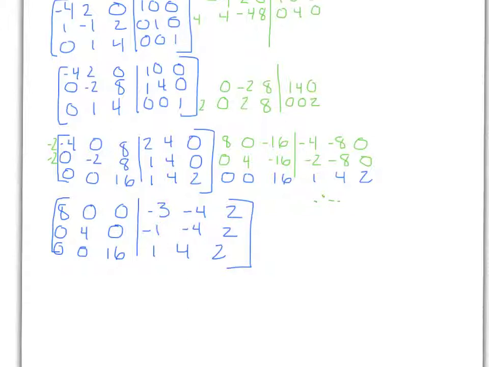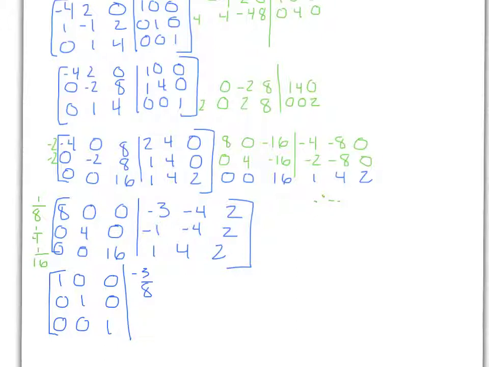Okay, then lastly, I just need to get the numbers that are on the diagonal to be 1, so I'll multiply the first row by 1/8, the second row by 1/4, and the third row by 1/16. So that's going to give me what I was looking for on the left-hand side. And on the right-hand side, I have -3/8, -4/8 reduces to -1/2, and 2/8 reduces to 1/4.